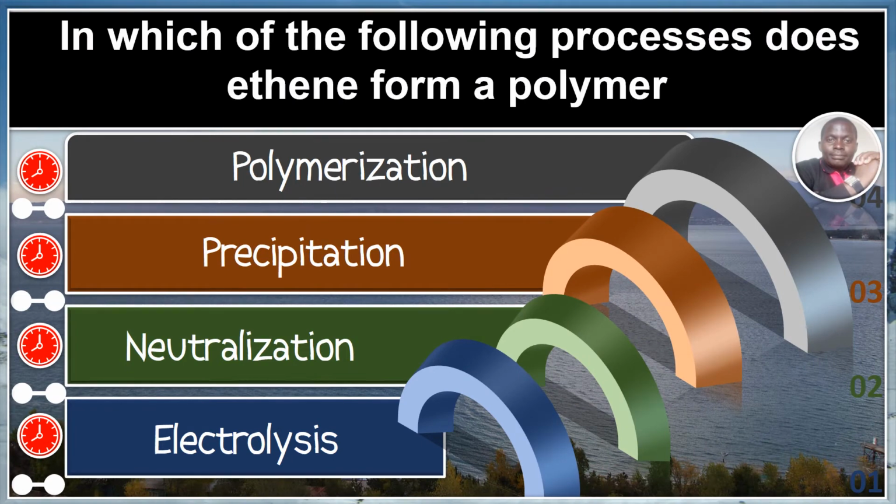In which of the following processes does ethane form a polymer? Polymerization.